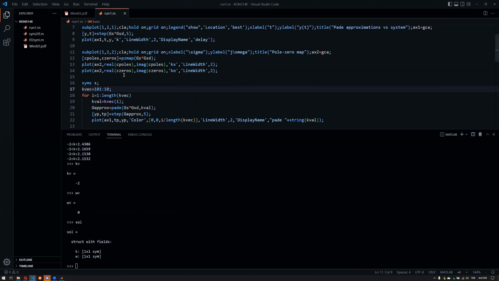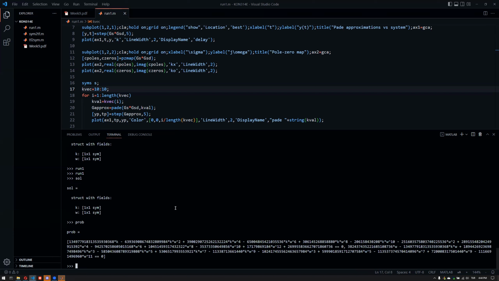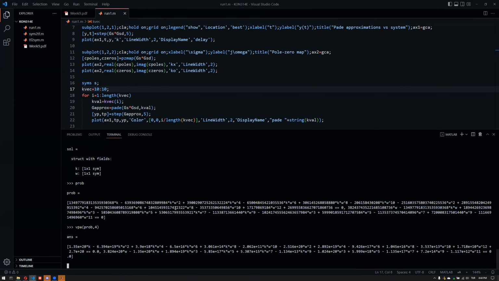Let's call it 10. Let's call it run 1. Solution, problem, VPA. Even MATLAB is not coming up with the solution, I guess.